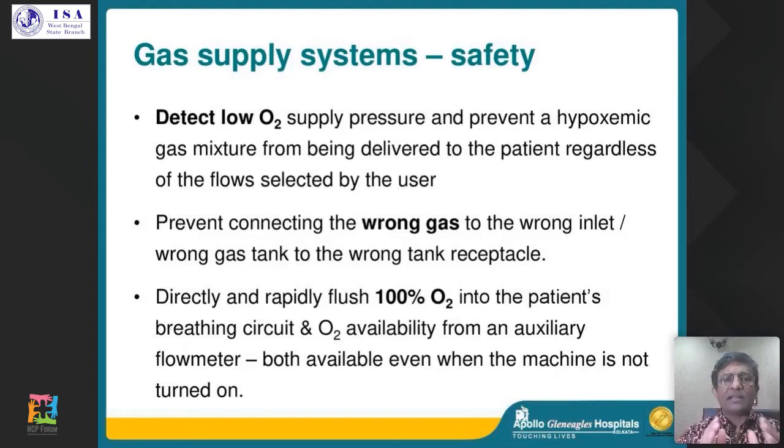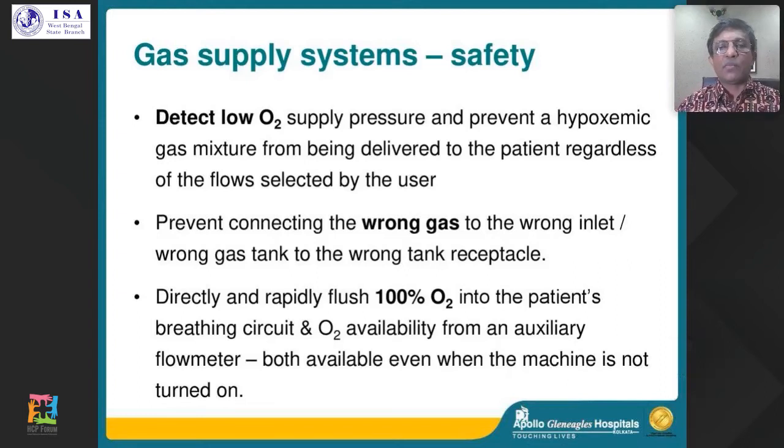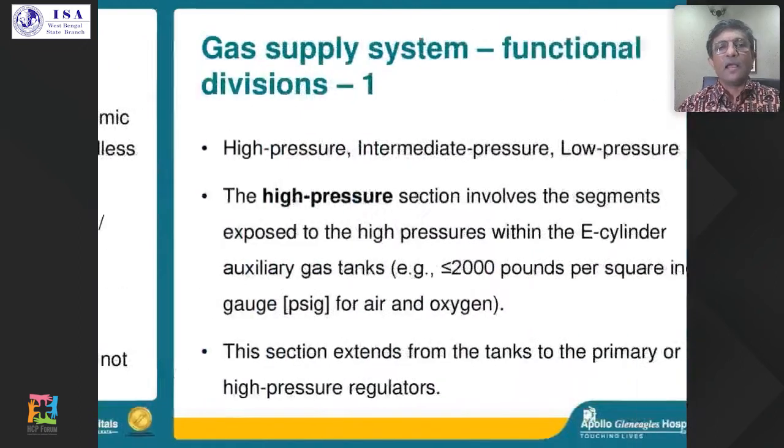There are checks and balances so that the wrong gas does not get into the wrong inlet, whether from the gas tank to the receptacle. And you have an ability to rapidly give 100% oxygen, possibly the oldest safety mechanism still existing, into the patient's breathing circuit. And nowadays it is recommended that there is an auxiliary system of delivering oxygen to the patient as well.